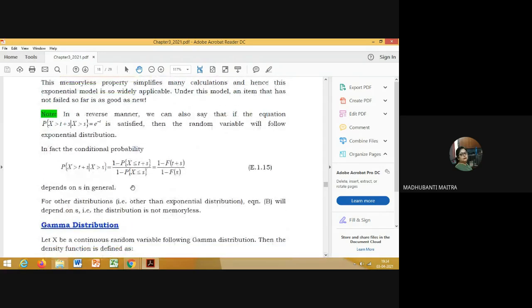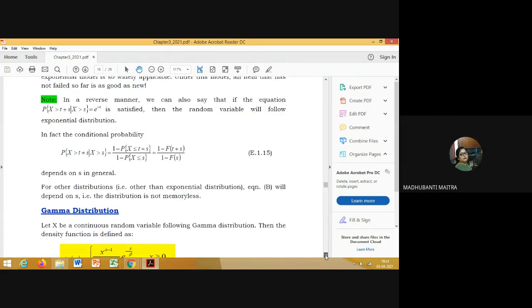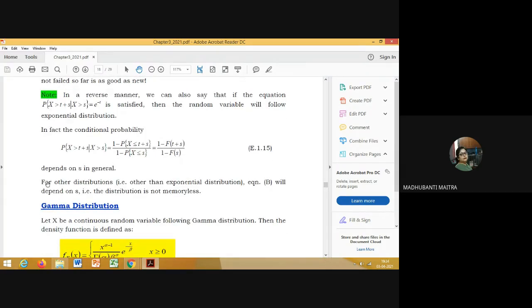Also, from this conditional probability, we can derive or write down this expression. For other distributions, that is, other than the exponential distribution, the conditional probability will depend on s.